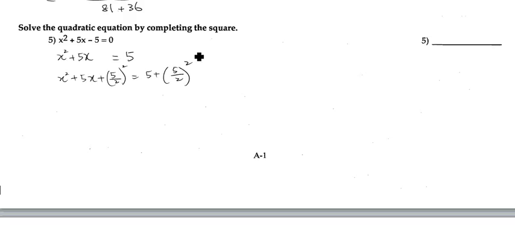And then on the left-hand side, it will become x plus 5 over 2, the whole thing squared. On the right-hand side, we got 5 plus 25 over 4.